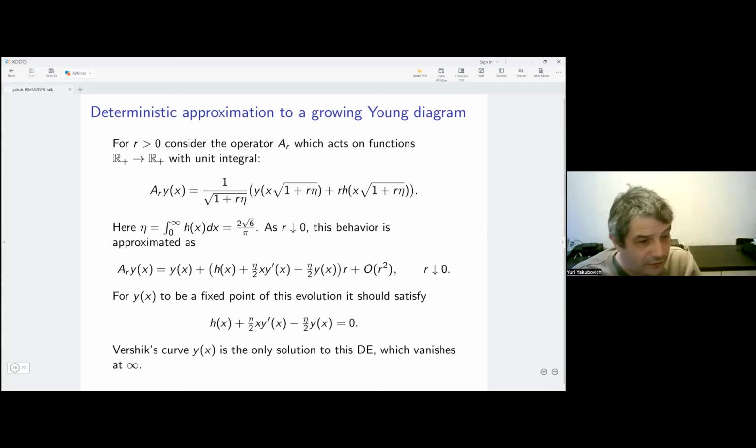This growth procedure allows us to get some almost sure results about it, and I believe we can prove that almost surely, if we consider our growing Young diagram and normalize it by the square root of its size, then almost surely it will converge to a limit shape.